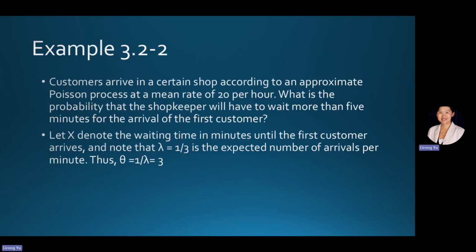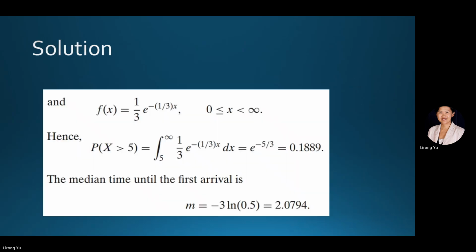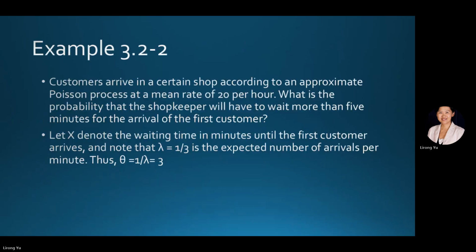Here are a couple of examples from this section. This is a question about the waiting time. If you have an average of 20 per hour, then lambda equals 20 over 60, which is 1 over 3.